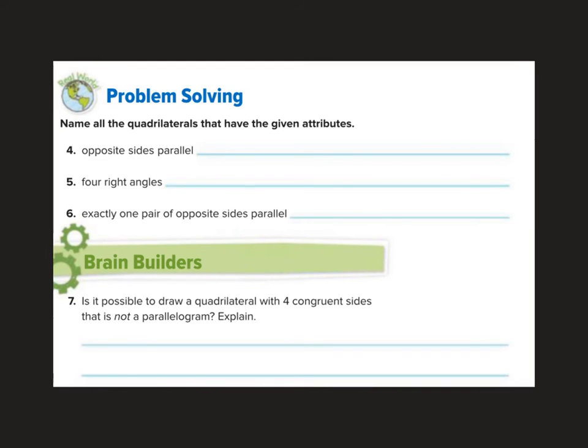Okay, so here we have name the quadrilaterals that have the given attributes. Opposite sides that are parallel. Okay, so that would be parallelogram. Also rhombus. Also rectangle.